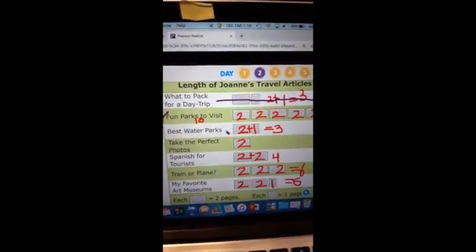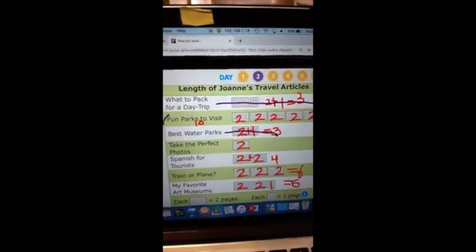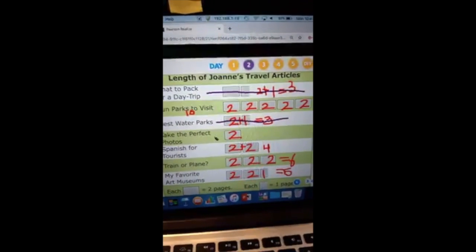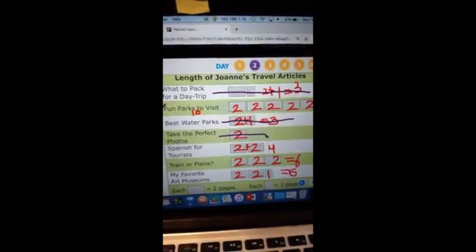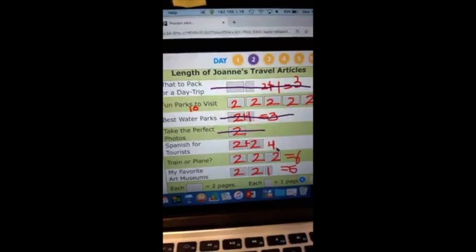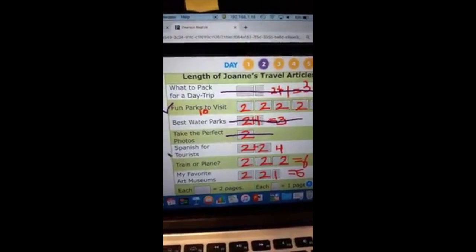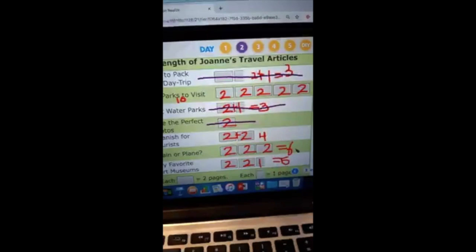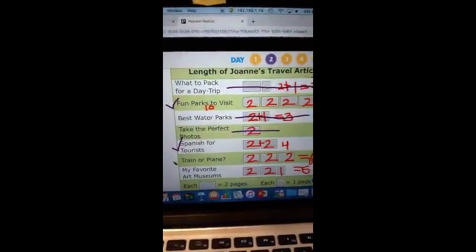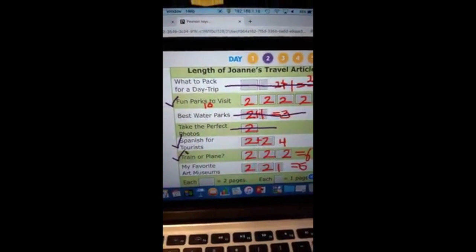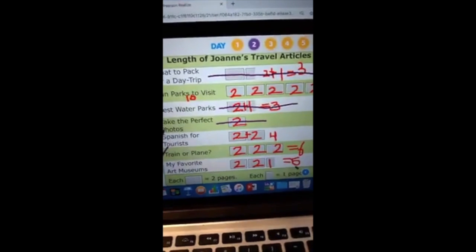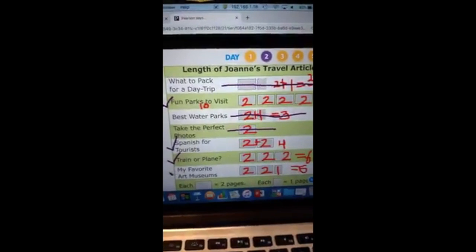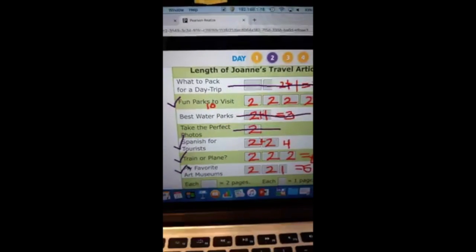This equals exactly 3 pages, so this is not longer than 3 pages. This equals 2 pages, so it is not longer than 3 pages. This equals 4 pages, so it is definitely longer than 3 pages. This equals 6 pages, so this is definitely longer than 3 pages. And this equals 5 pages, so it is definitely longer than 3 pages.